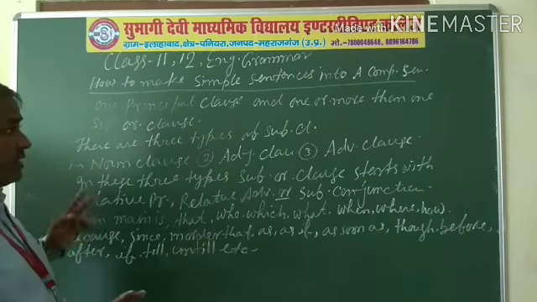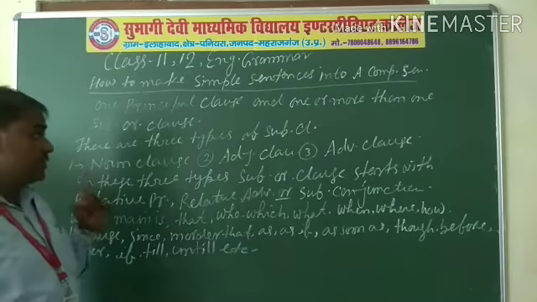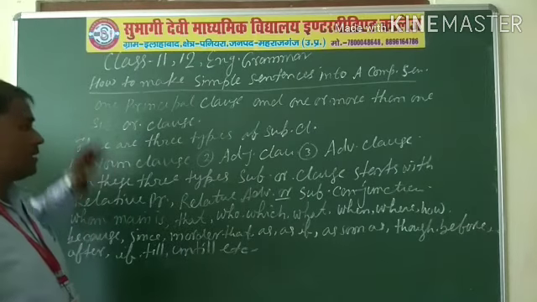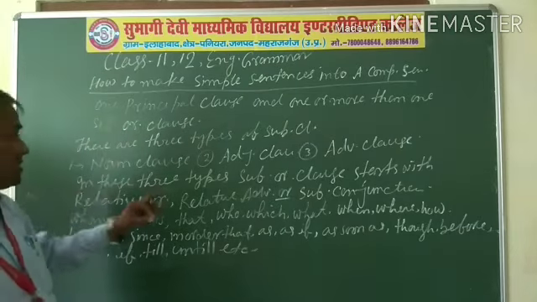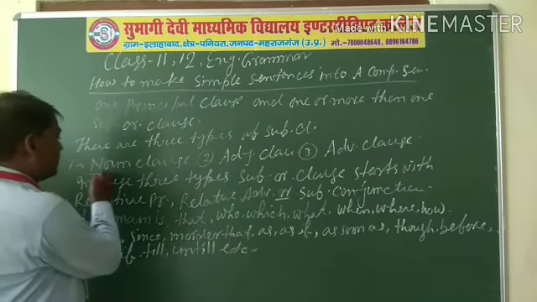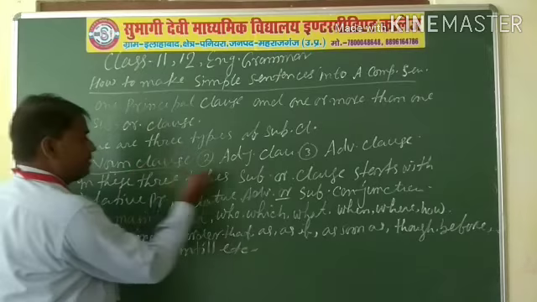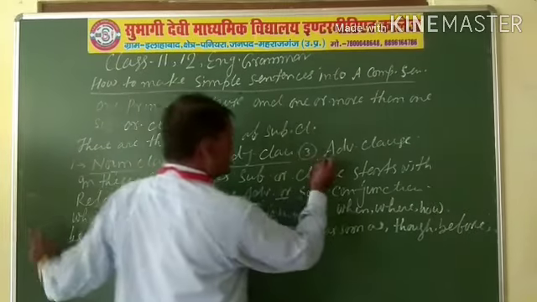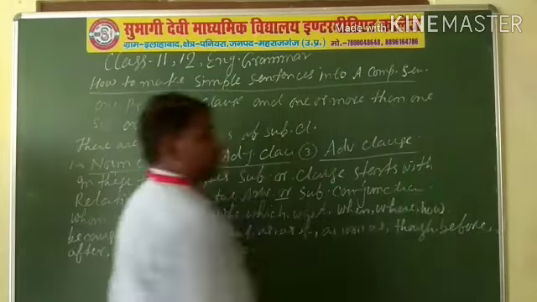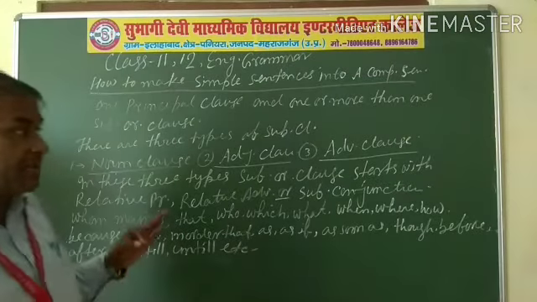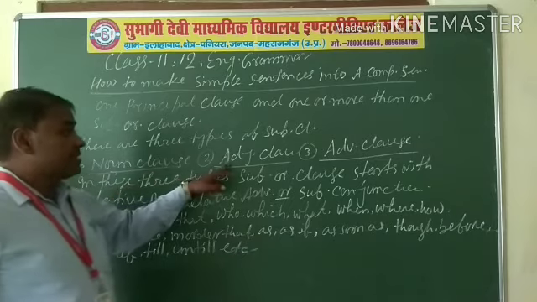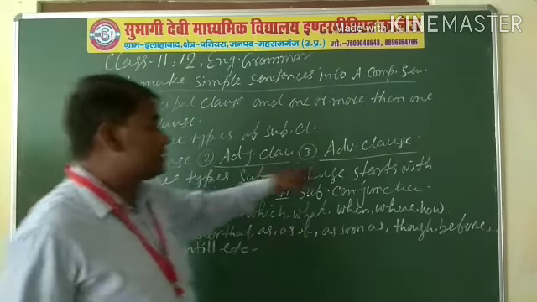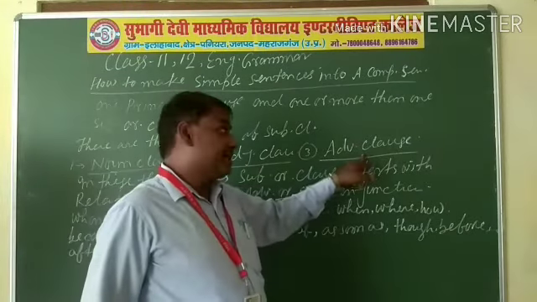How do we join two or more simple sentences into one complex sentence? There are three types of clause in a complex sentence: first, noun clause; second, adjective clause; and third, adverb clause.